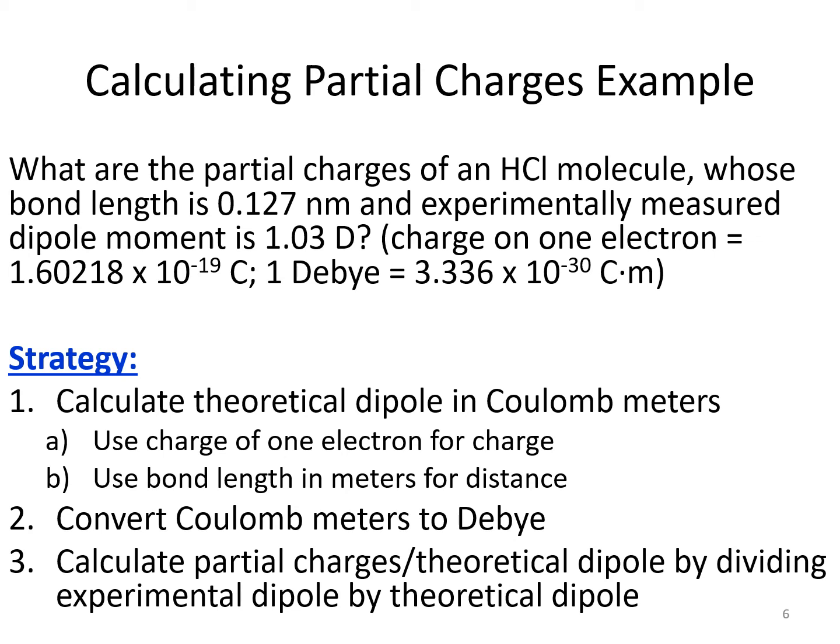We will use the charge of an electron for q and the bond length in meters for r. The units will end up being coulomb meters, so we will need to convert from coulomb meters to debye. Once we have our theoretical dipole in debye, then we will calculate a percent ionic character and partial charges by taking our experimental dipole of 1.03 debye and dividing by our calculated theoretical dipole.